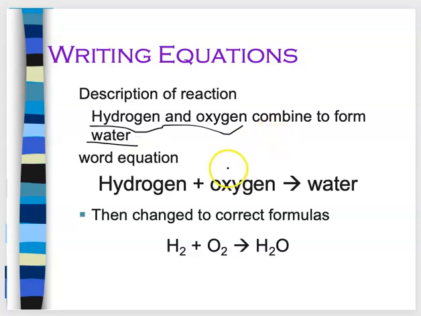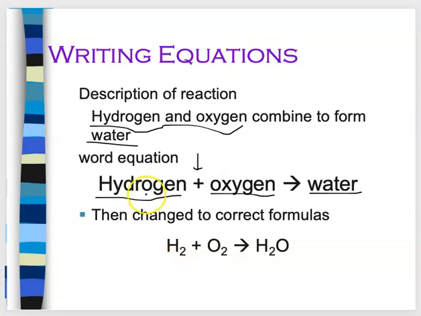So you can actually literally write a word equation for that, where you say hydrogen plus oxygen produces water. So here the plus sign is very similar to what you see in math. You're putting them together. The arrow indicates that something is produced as a result of mixing those two things together.